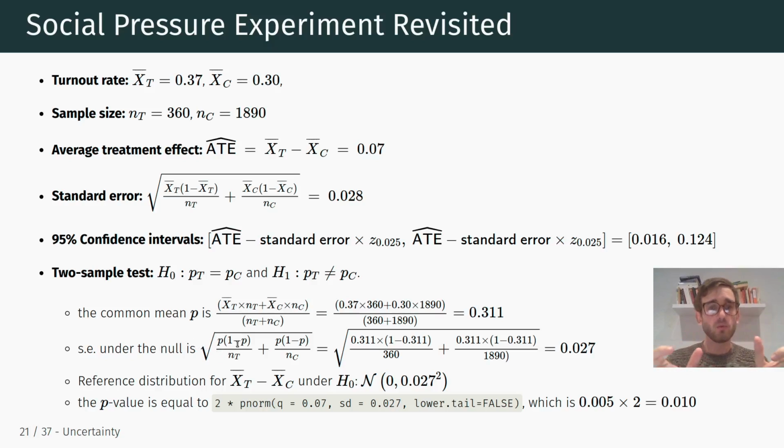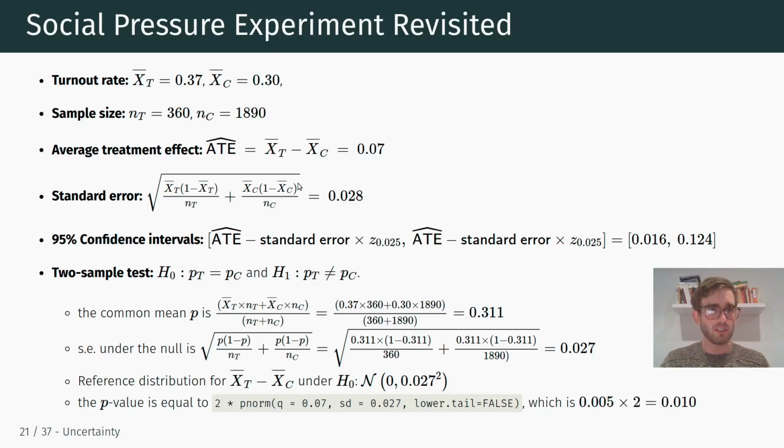The standard error under this null hypothesis, again assuming that xt and xc are not correlated, is of course the sum of those two variances.